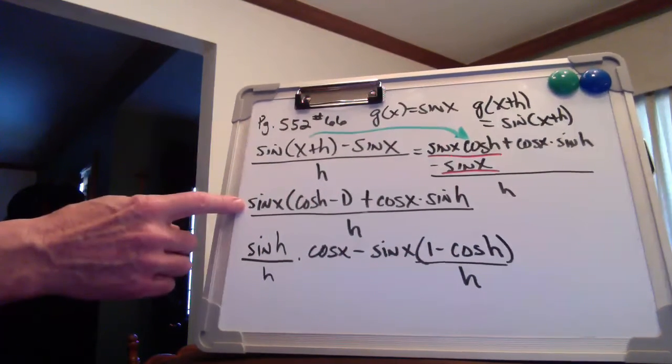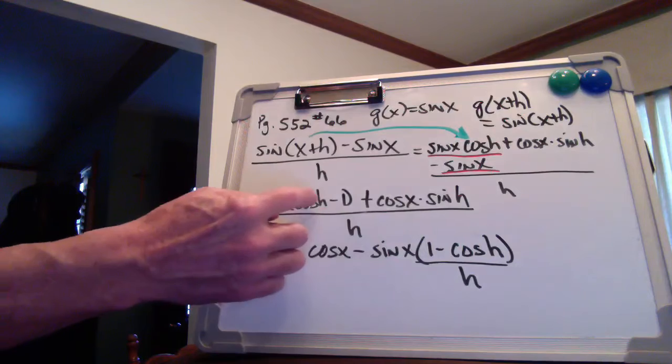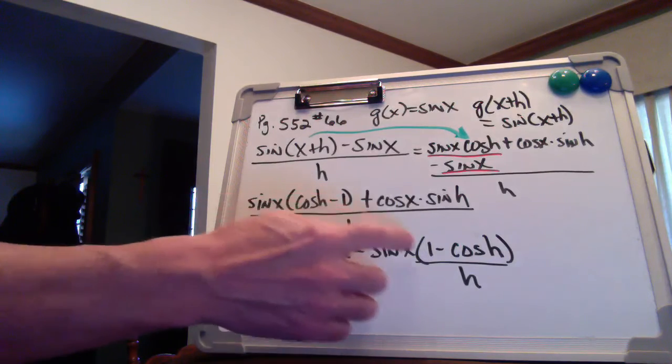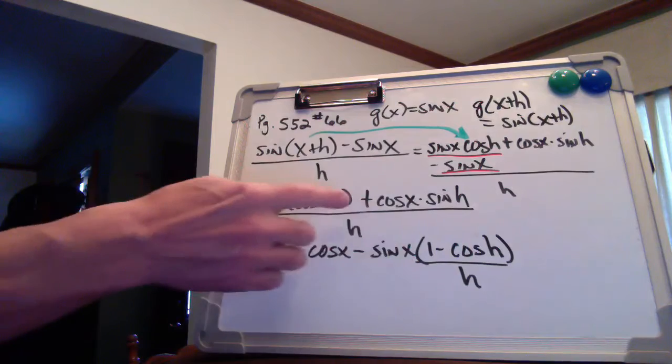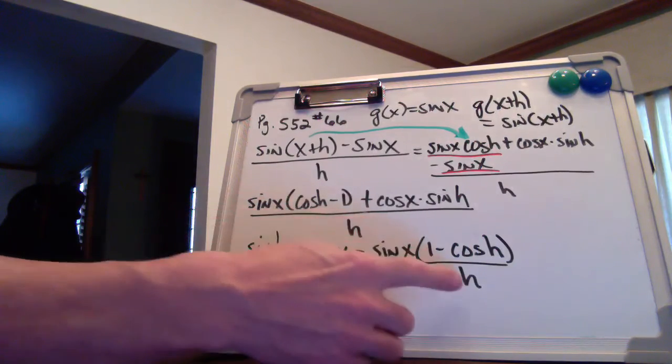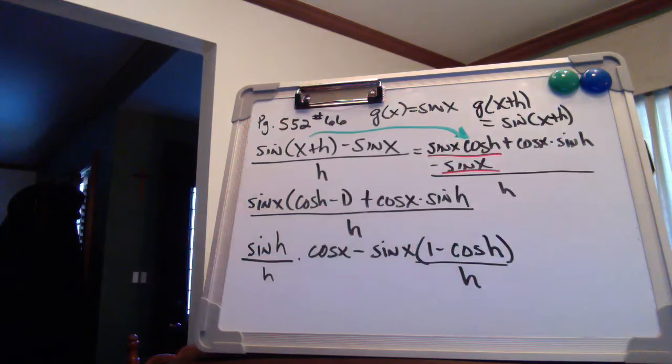So the negative sign, I multiply by sine of x, so I get negative sine of x. And then the signs switch here, so I get 1 minus cosine h. And then another way to write this right here is to put the h below the binomial. As long as I'm multiplying it, it means the same thing. And that's how you do number 66.